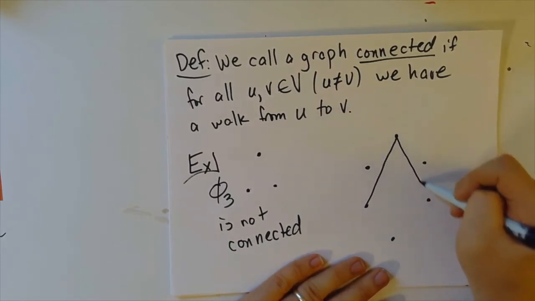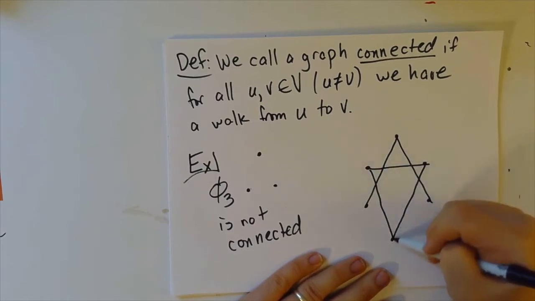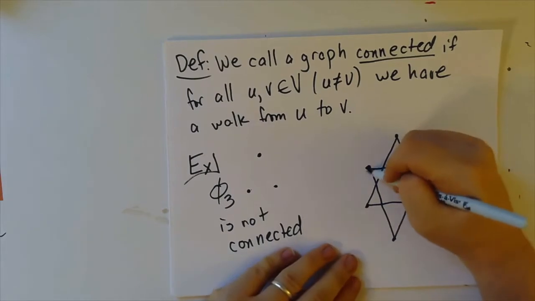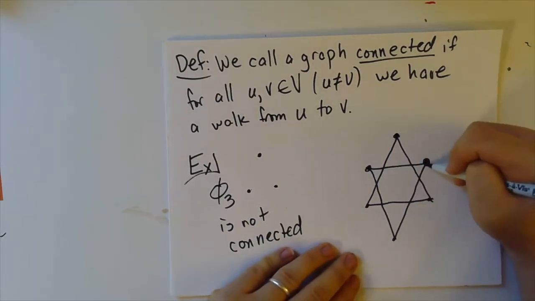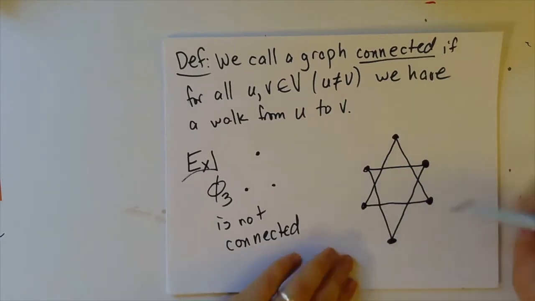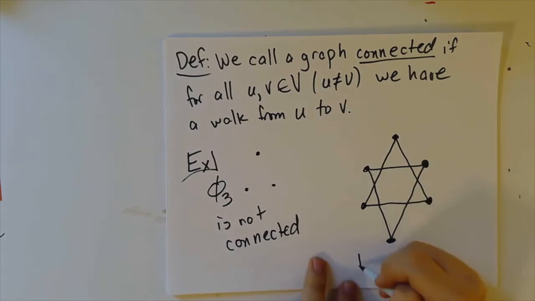So we have been talking about stars, and they've popped up, so you might ask yourself, is this graph connected? Note, this is the graph with exactly these 6 vertices. So there's no vertices in the middle. And I want to make sure you can see for yourself that this graph is not connected.